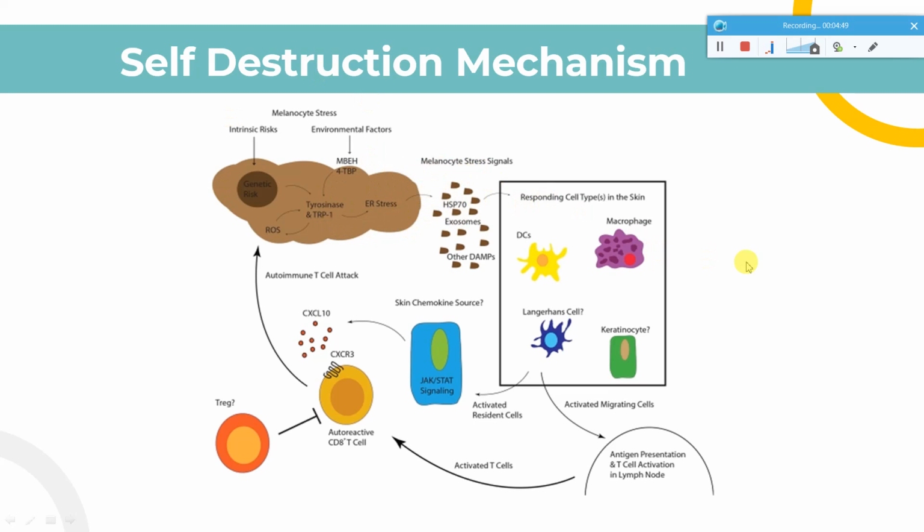Once these stress signals are given inside the body, the immune system becomes very active and feels that these melanocytes are foreign molecules, and it will go and attack them. We have our T cells which do that. These T cells and others will go and attack the melanocytes and destroy them. In this way, this is a self-destruction mechanism which is usually seen in autoimmune diseases.